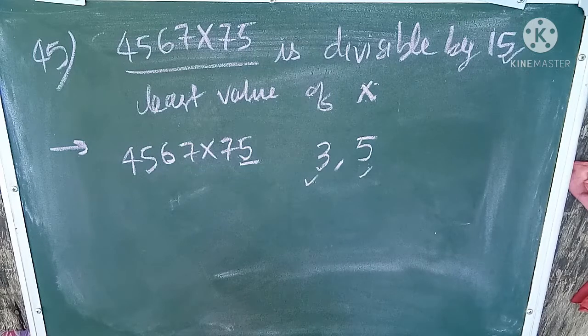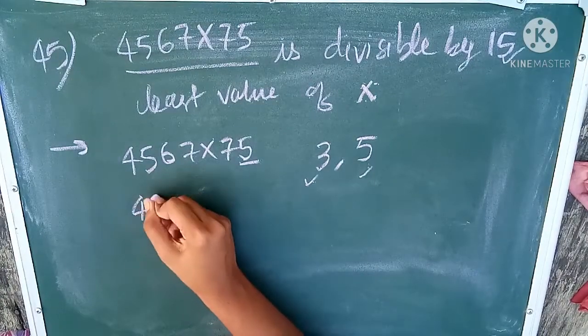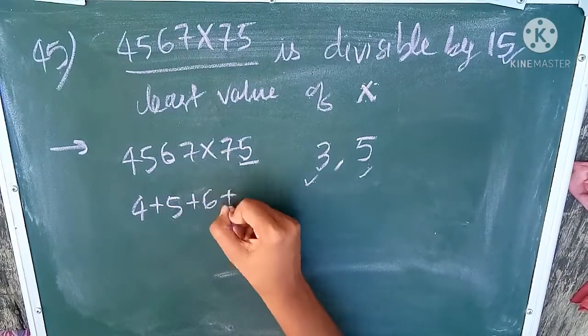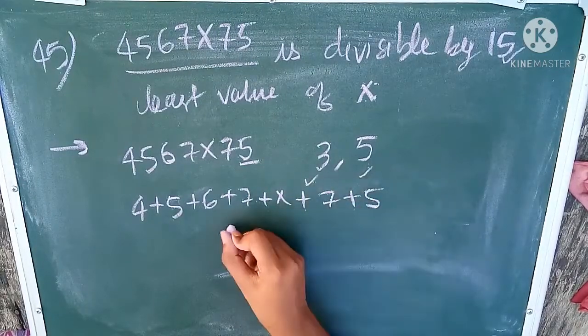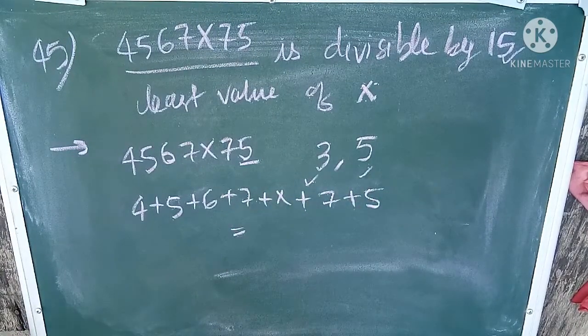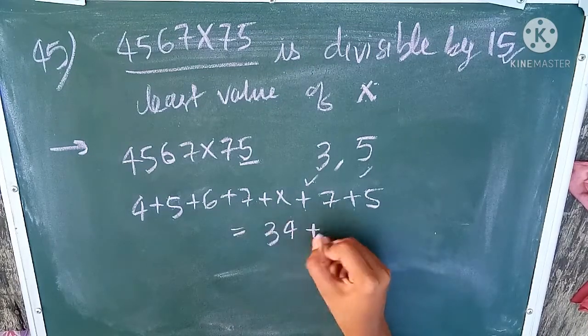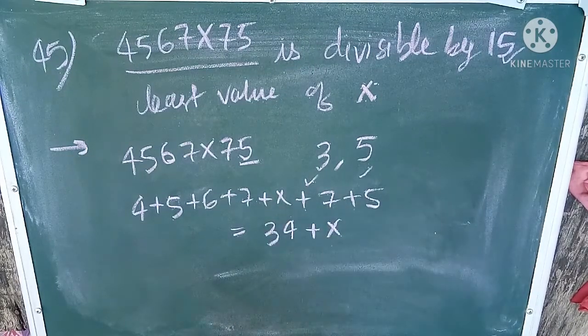Now next, the divisibility rule of 3 says that a number is divisible by 3 if the sum of all its digits is divisible by 3. So let us check it by doing the sum of all the digits. Here we have 4 plus 5 plus 6 plus 7 plus x plus 7 plus 5. When we calculate this, we get 34 plus x. Now it is divisible by 3 as given in the question.